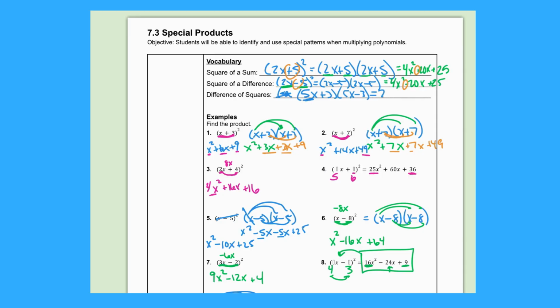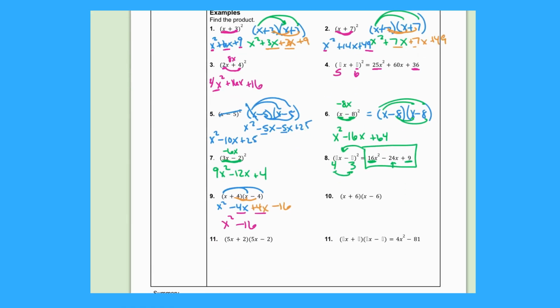So it's 5x times 5x is 25x squared. We're going to multiply the last number by itself. 3 times 3 is 9. And then the middle term we know will cancel out. And you just want to have a negative sign here. And we can tell because this is going to be a positive 3 times a negative 3, which makes it always negative.